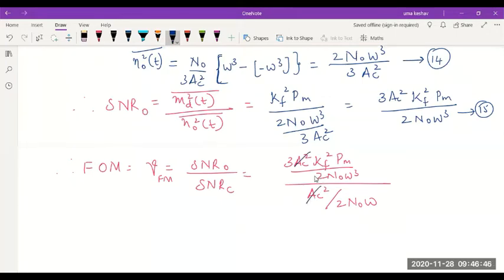AC square 2 N0 W. Here I'll have 2 left out. W, 2 N0 W cancels out once. So 3 KF square PM divided by W square. Is that right? Yes, ma'am. So 3 KF square PM by W square.